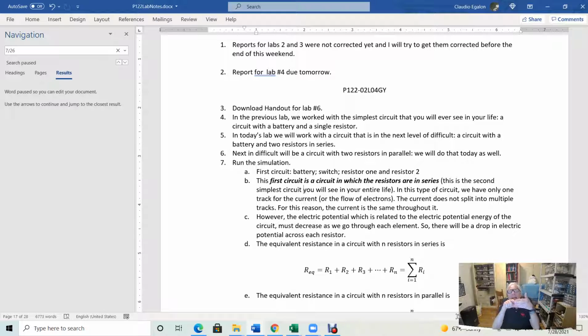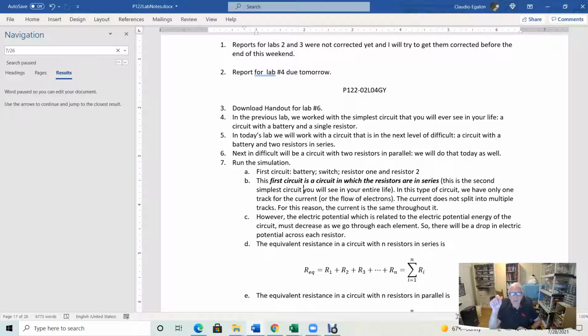It's like having a closed circuit in which the cars are racing, and there are no exits. There is just this oval circuit in which the cars move in circles. The current doesn't split into multiple tracks. For this reason, we say that the current is the same throughout.